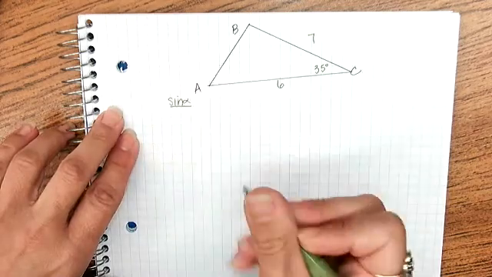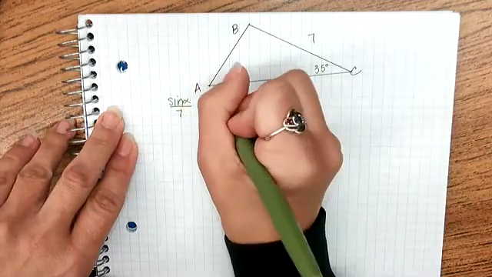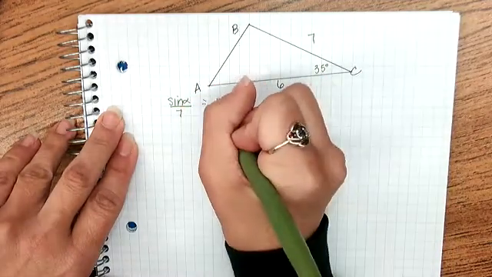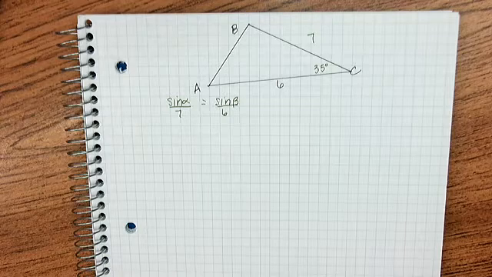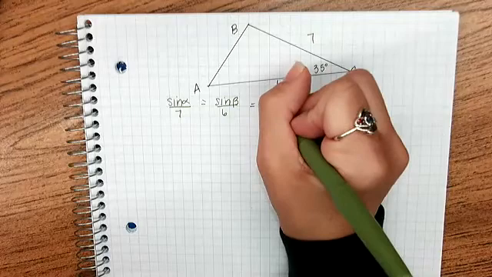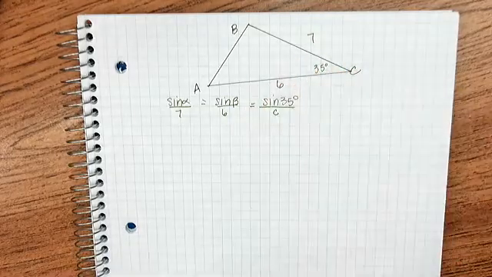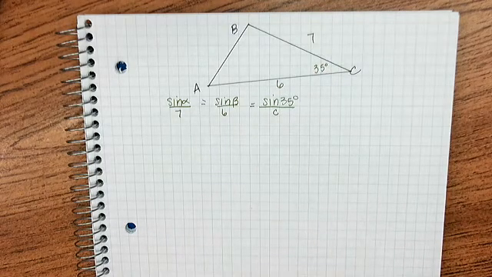Sine alpha over A, which is 7, is equal to the sine of beta over 6, which is equal to the sine of 35 over C. Too many unknowns. I have to have 3 of the 4 pieces of the ratio, at least one complete fraction, and I don't.